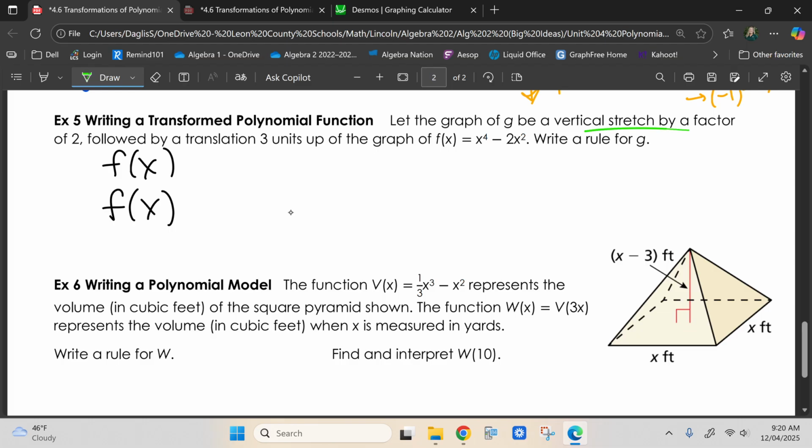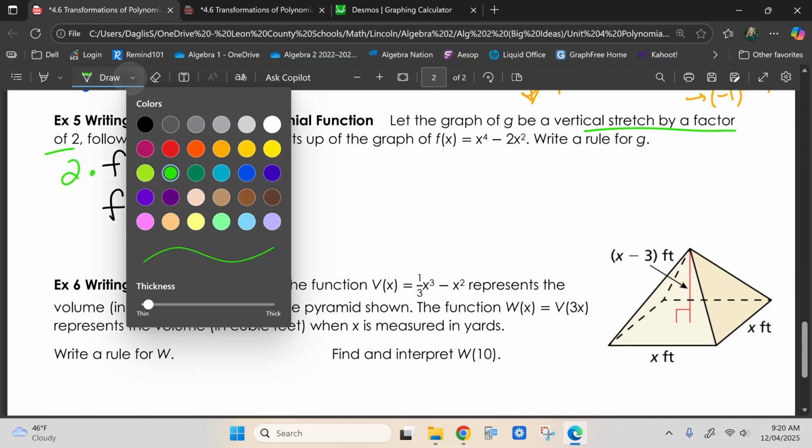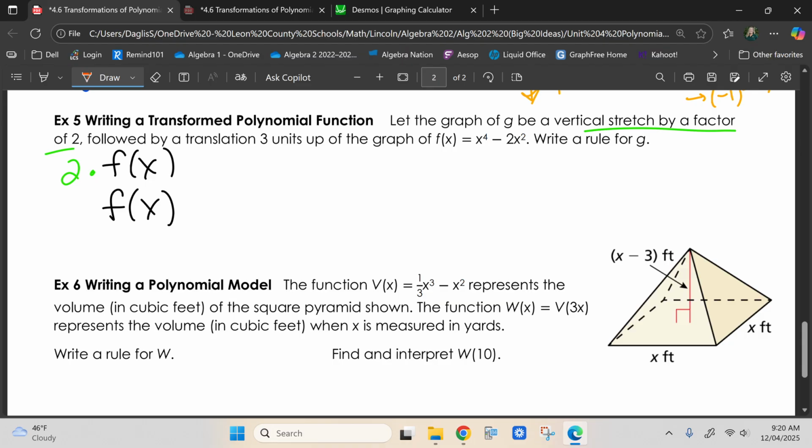Vertical stretch by a factor of 2. You need to do it in the order they say. There was a vertical stretch of 2, followed by 3 units up. So we're going to multiply my function by 2, then add 3 to it. Order matters. Okay?